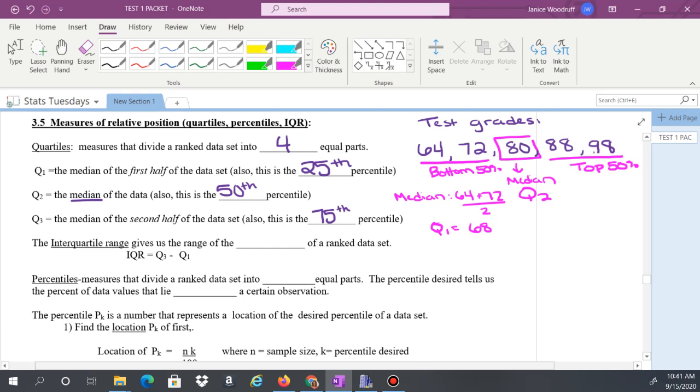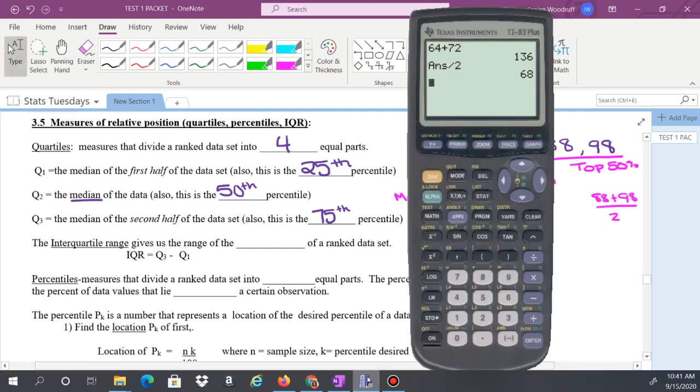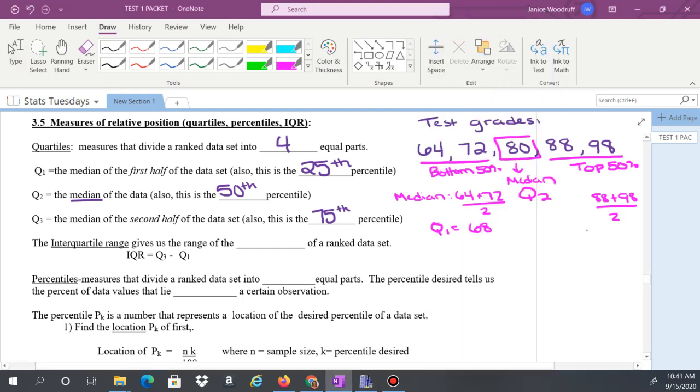Let's do the same thing here: 88 plus 98 divided by 2. That would give you 186 divided by 2, which is 93. That would be your quartile 3.